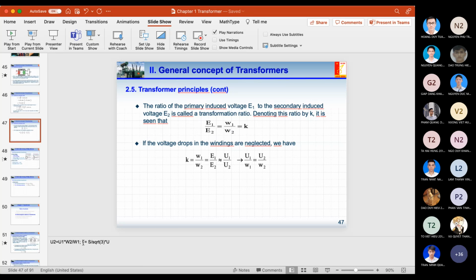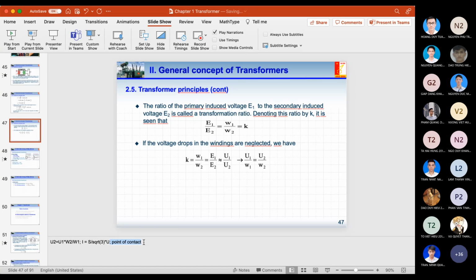You know the point of contact. You can see the point of contact here. When we switch from this level to another level, the arc between the points of contact is very high, and for that it's very dangerous for the winding of the transformer.